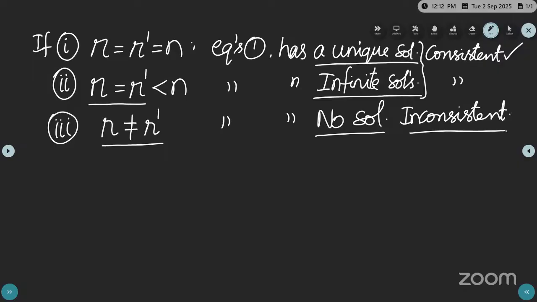That you should decide. Okay, right. Having at least one solution is to be considered as what? Consistent. No solution, no job, inconsistent. Is it clear now?